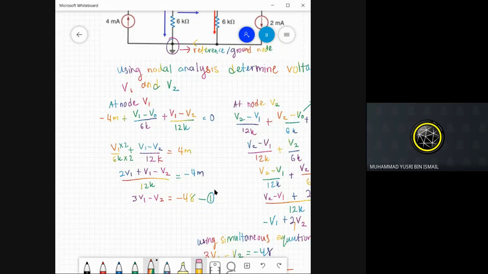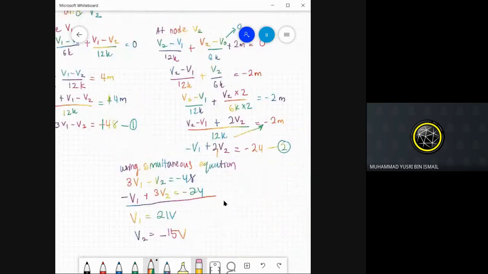Okay. So this will be positive 48, because the -4 milli is brought to the right hand side. Okay. So this will be a positive. Okay. So, erase again. Okay, again press your calculator.